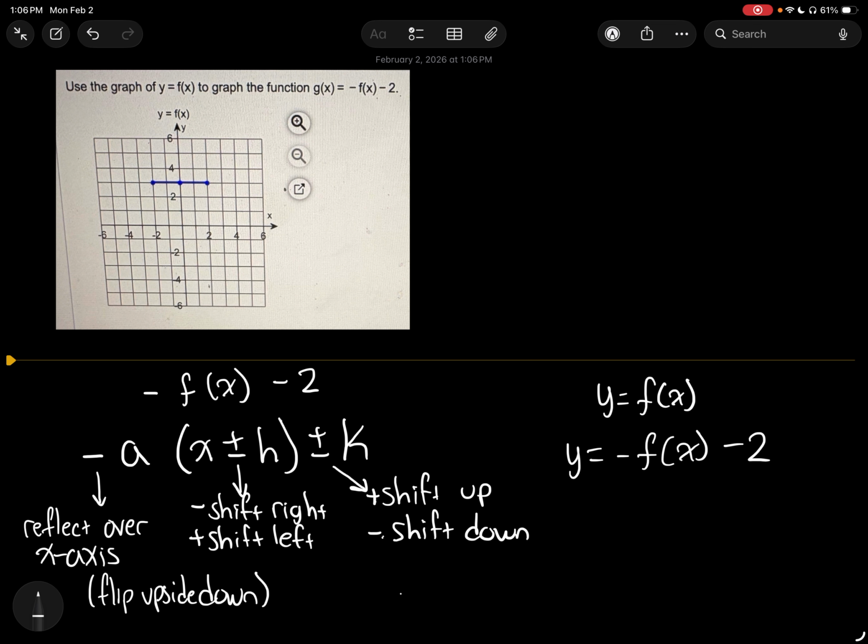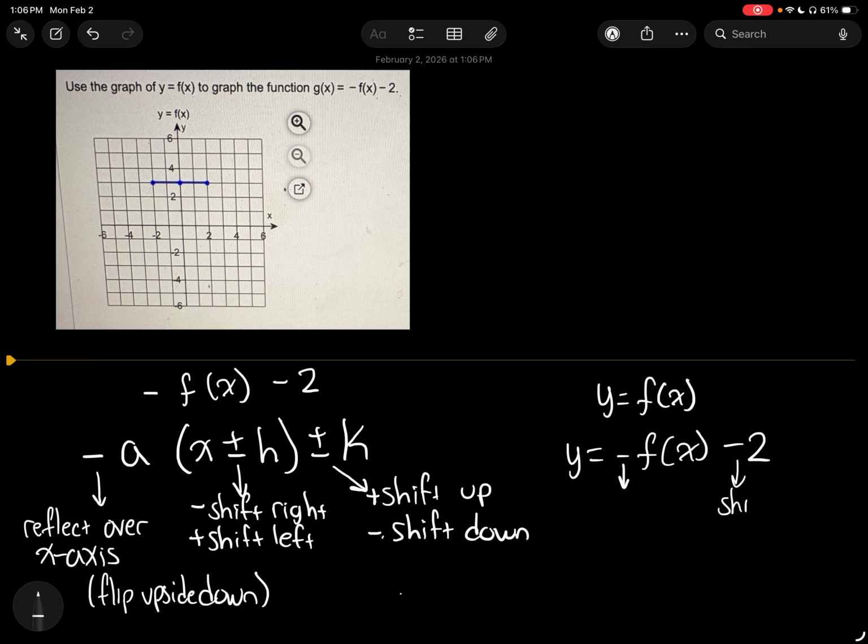We are literally going to flip our graph upside down first. That negative right here. So right now it's currently at the 3. I'm going to go down to the negative 3. And then we're going to move it down 2.